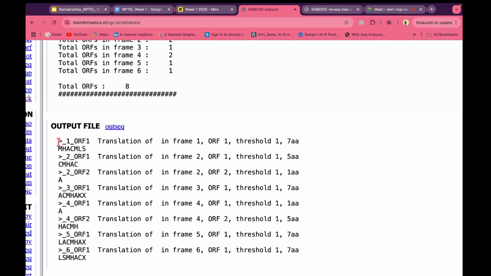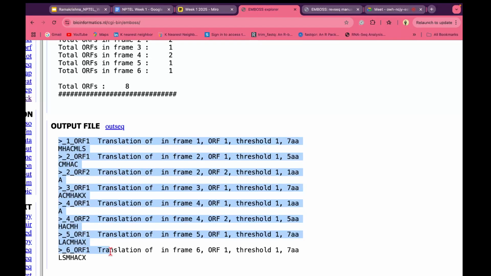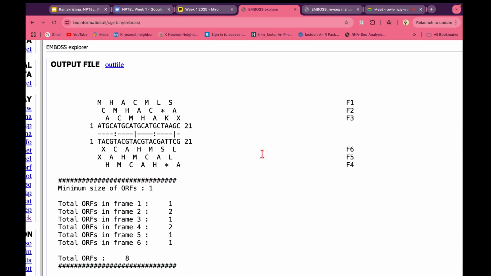So the 6-frame translation proteins have been given. Frame 1 from the forward sequence, frame 2 also, frame 3, then we have frames 4, 5, 6 from the complementary sequence of the given DNA sequence.